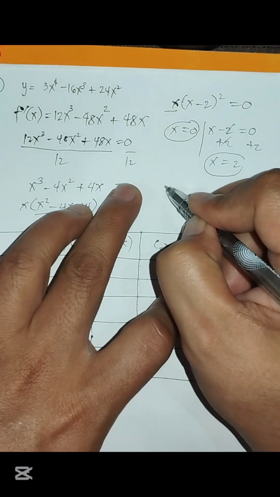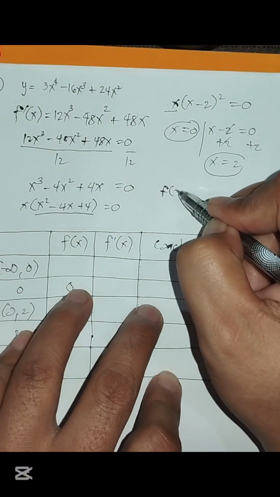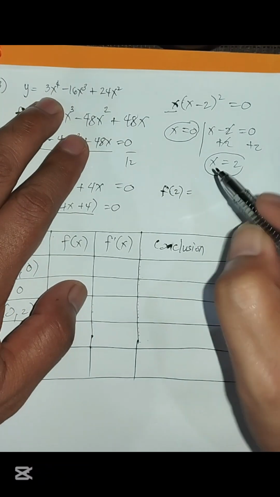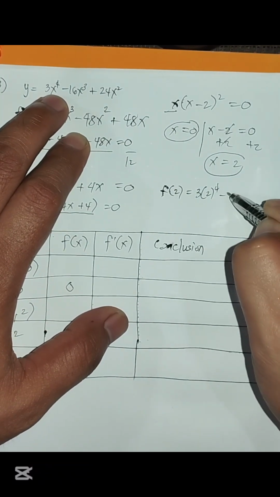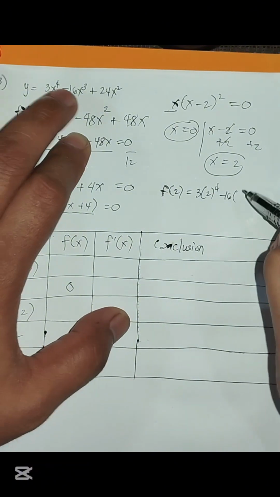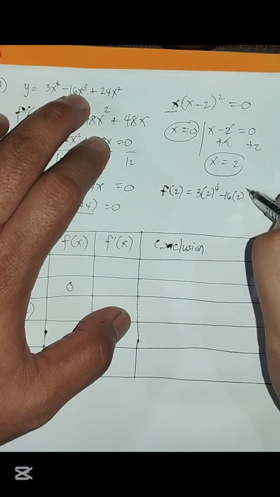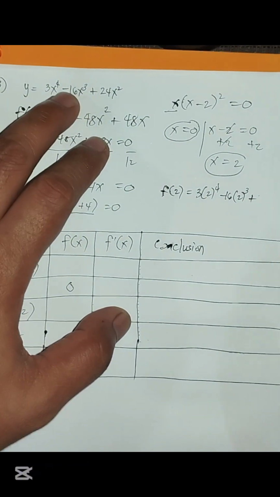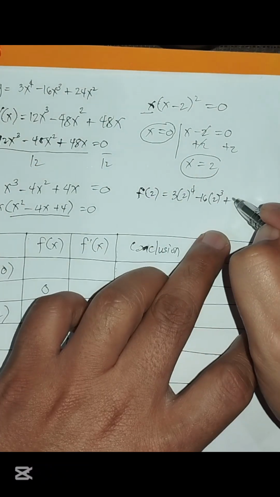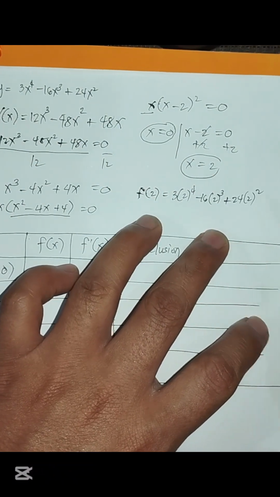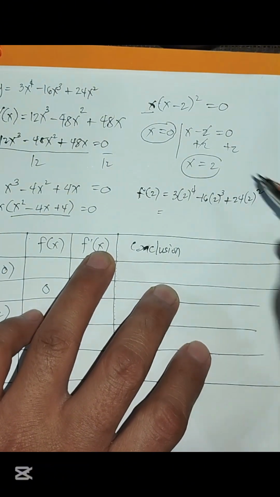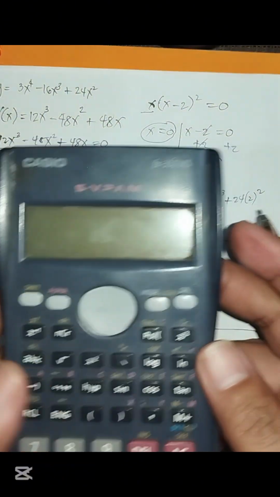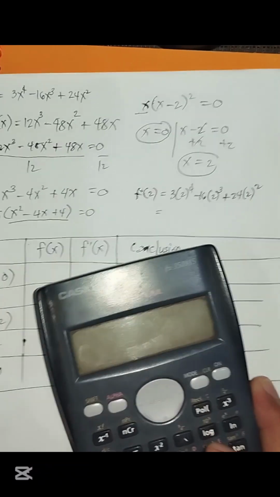So f of 2 equals 3 times 2 to the fourth, minus 16 times 2 cubed, plus 24 times 2 squared. Let's just use a calculator for that.